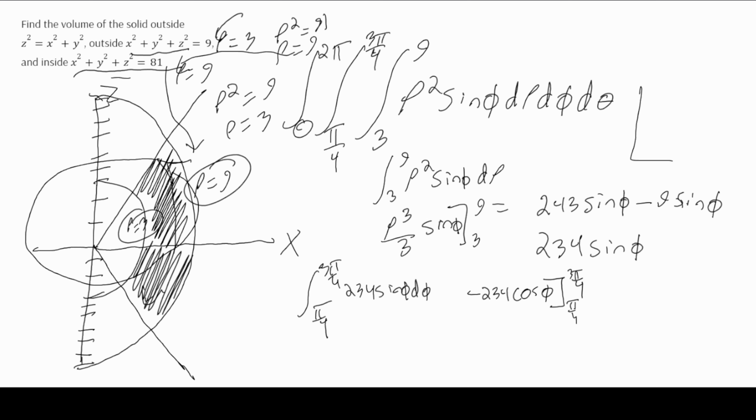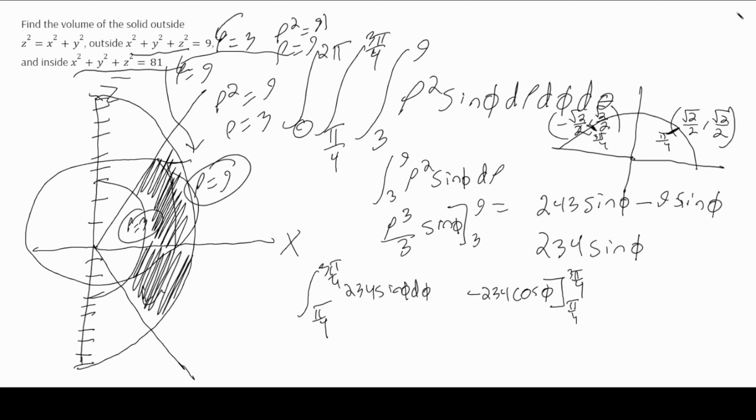If we look at our unit circle, at pi over 4 and 3 pi over 4, cosine is root 2 over 2 at pi over 4 and negative root 2 over 2 at 3 pi over 4.